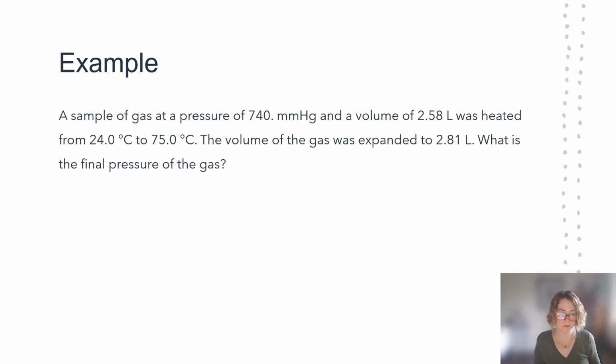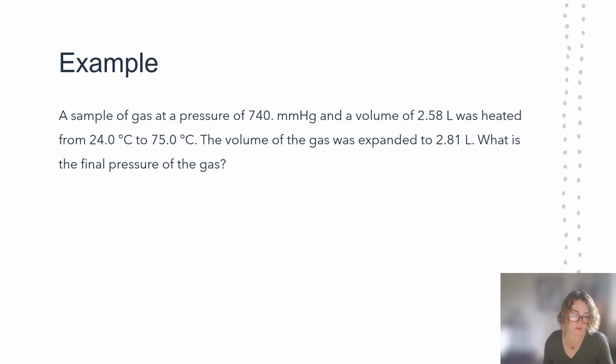All right, so we are going to do an example involving the combined gas law. Let's go ahead and read through this problem. I'm going to point out how I know it's a combined gas law problem, and then I'll show you how to go about rearranging the equation to solve for the variable you want, and some other important pieces that you're going to want to pay attention to.